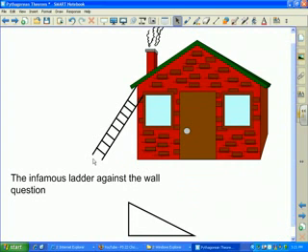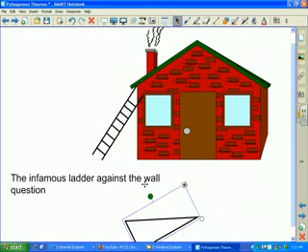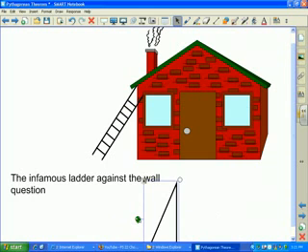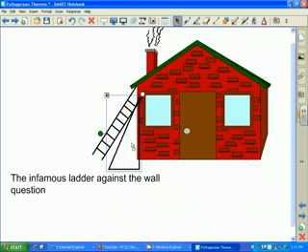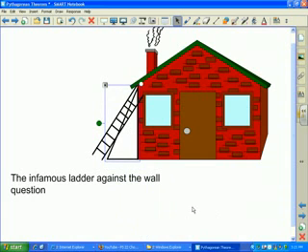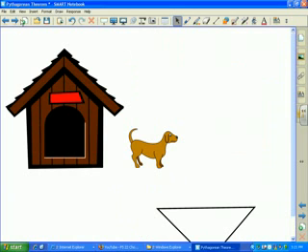And then they might ask the distance from the base of the ladder to the house, or how high the ladder reaches up the wall. So they have to take their triangle, rotate it, and move it up to figure out where that right angle is, which is here, and then they can do the math with that.